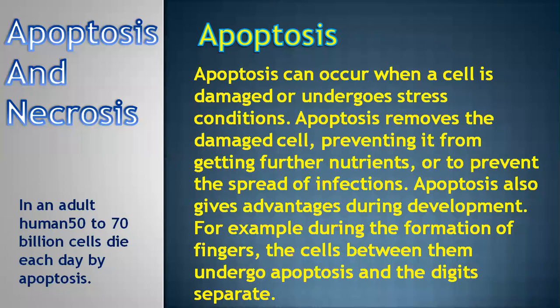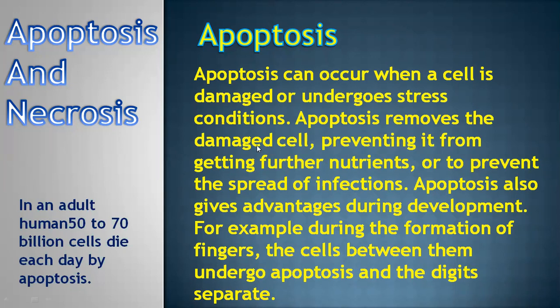Apoptosis can occur when a cell is damaged and undergoes stress conditions. In an adult human, 50 to 70 billion cells die each day by apoptosis because that is programmed. Lots of cells are functionless, so they undergo apoptosis by this type of process.